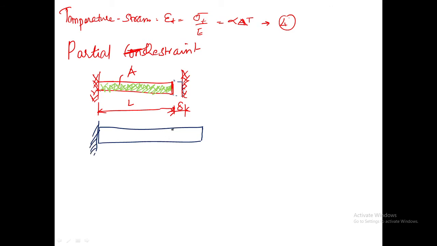As we were given a chance to expand by the whole length delta L, we just drop a line here. How much distance has been prevented? This much distance has been prevented because of the support.